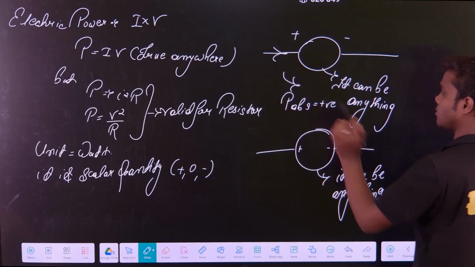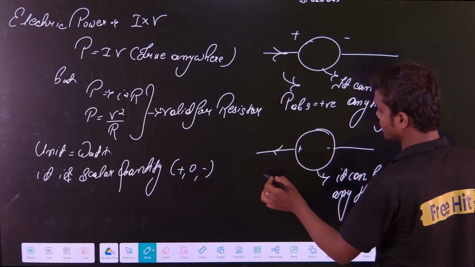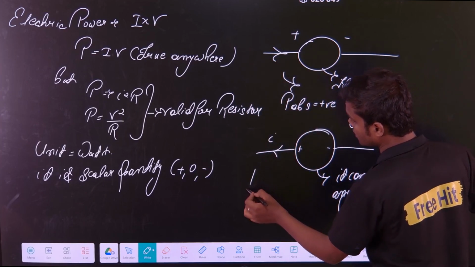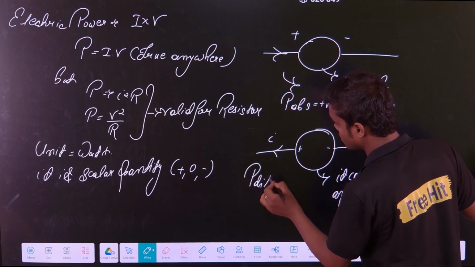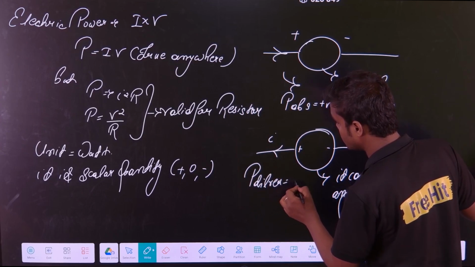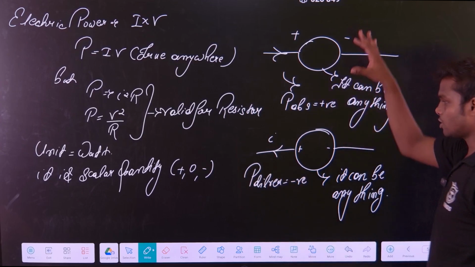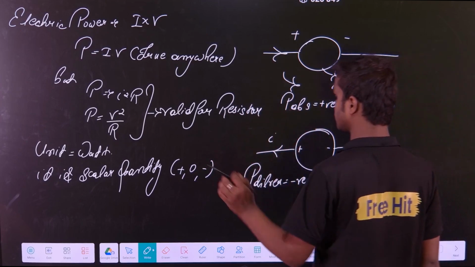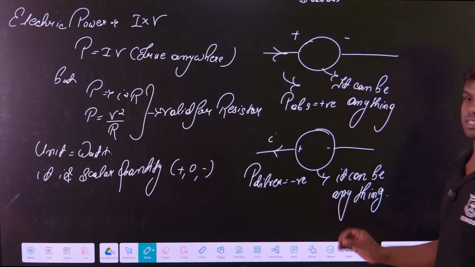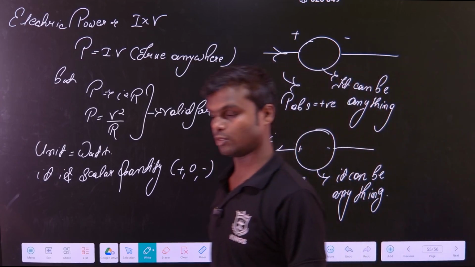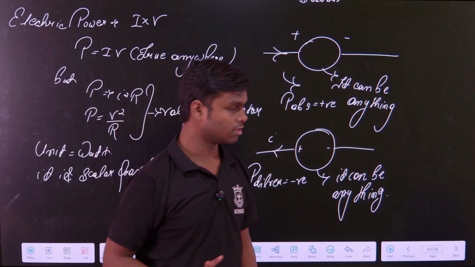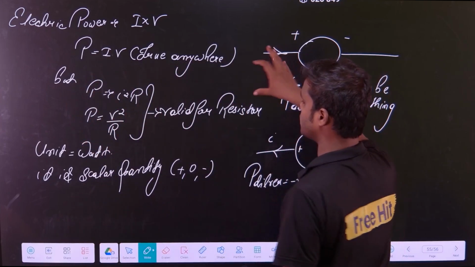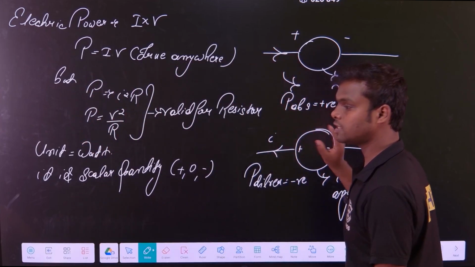Here the power is absorbed, it is positive. And suppose the current is like this, then in this case the power is delivered and it is negative. Just remember this concept and follow it everywhere. You will always get the correct value with the sign, whether the power is absorbed or delivered.